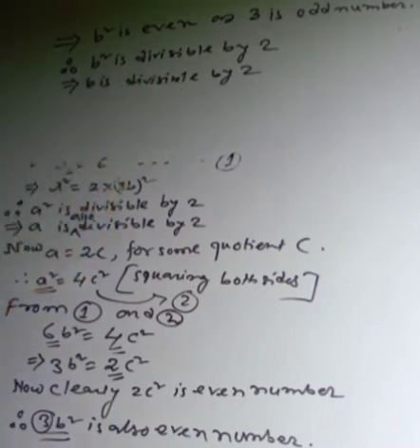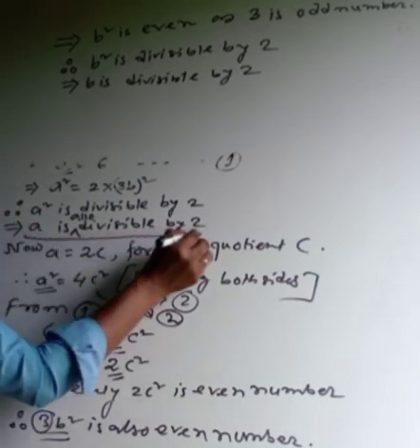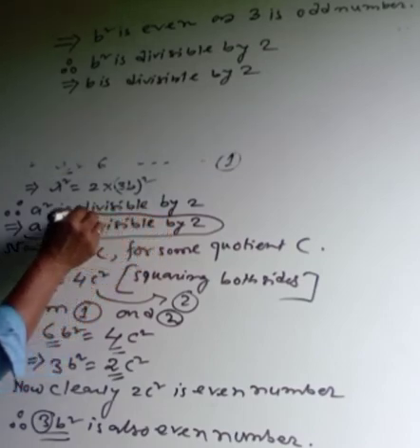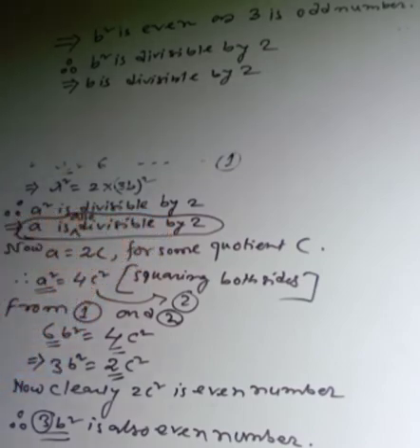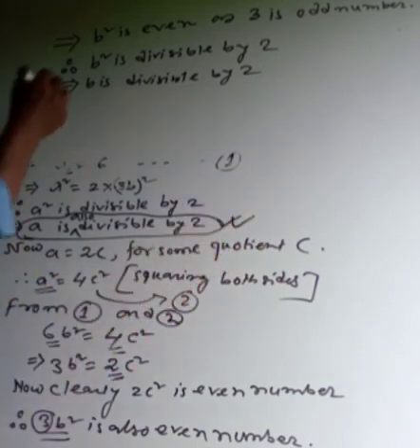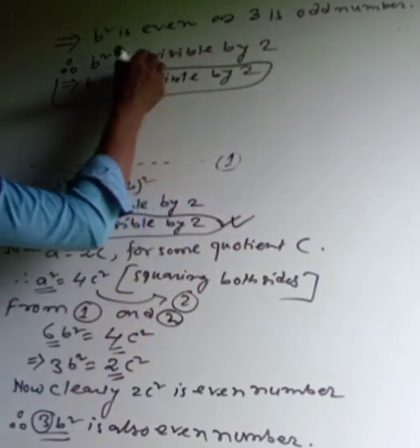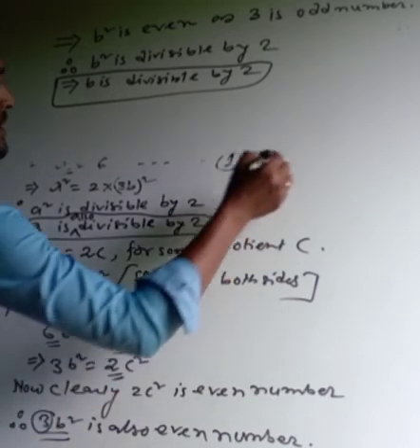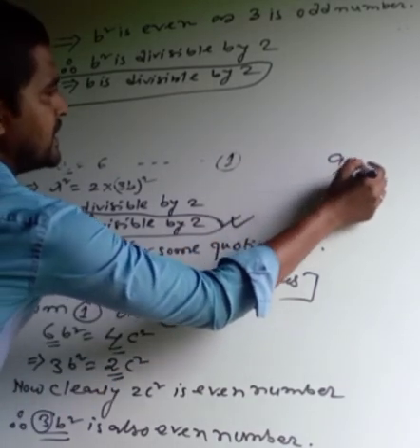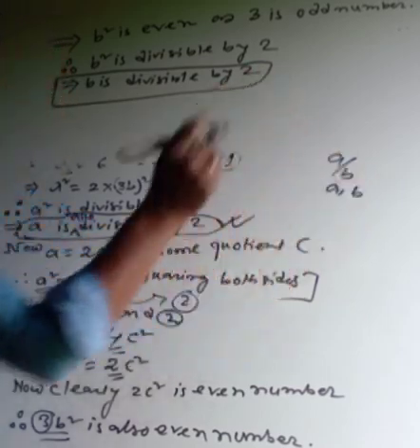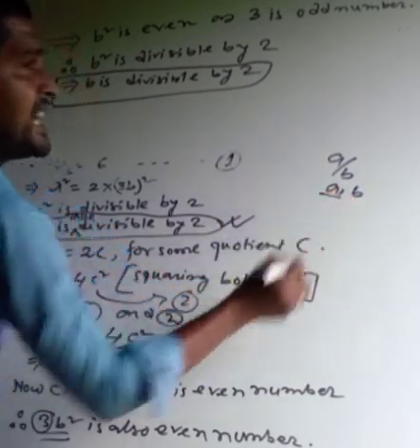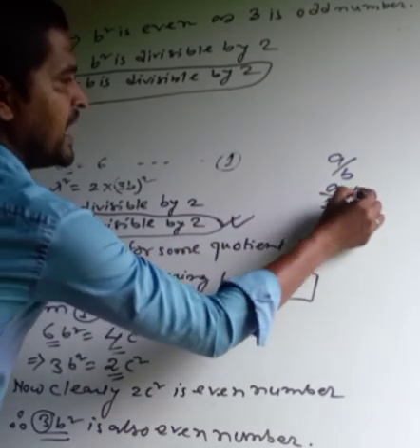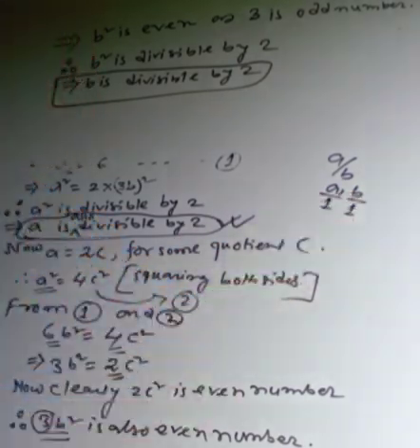So from first to last, we can see a is divisible by 2. This is one part, and from the second part we can see b is also divisible by 2. But from the beginning what we said, a by b means a and b are co-prime. Co-prime means a can be divided only by 1 and b also only by 1.